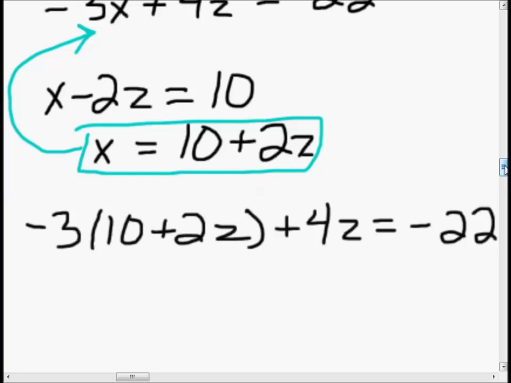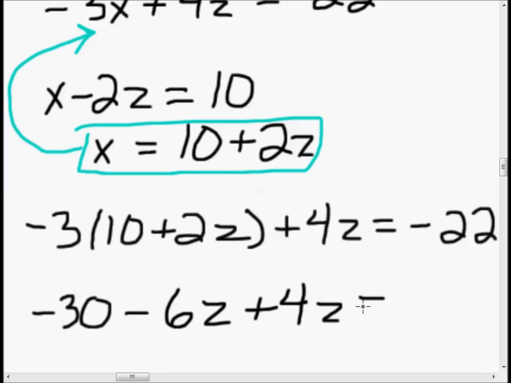This is basic algebra, just adding, multiplication. You can do this. So -3 times 10 is -30 plus 6z, so that's -3. I make mistakes too. Everybody makes mistakes. It's okay. So what I did there is, it's -3 times 2, and that's -6. -6z plus 4z equals -22.